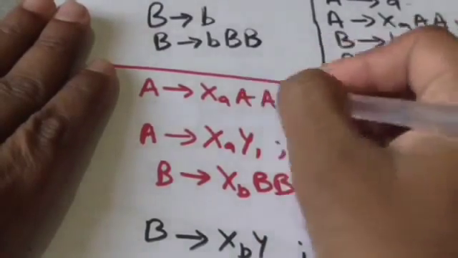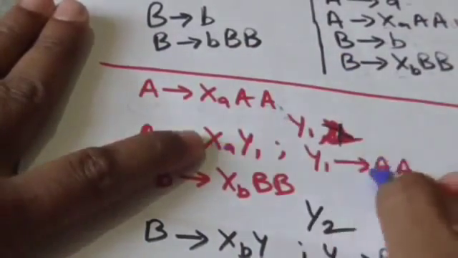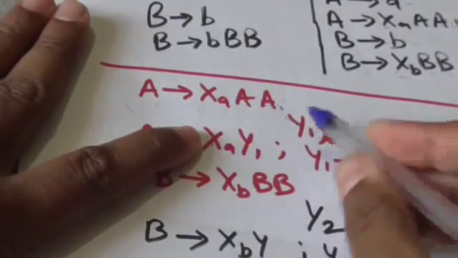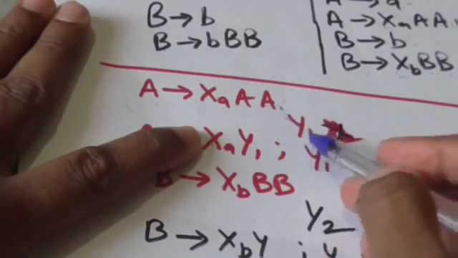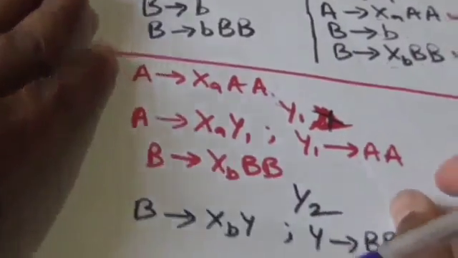Right? And this production will be removed from grammar G, and these two new productions will be added to grammar G, and this variable y1 will be added to set V of grammar G.